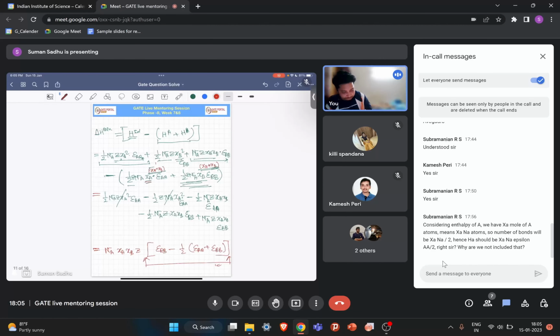Now if you write it in the simplified form, if you take common Na Z XA XB, then the epsilon AB term will be there, then minus this half, sorry, this half will be there, and then plus epsilon AA.